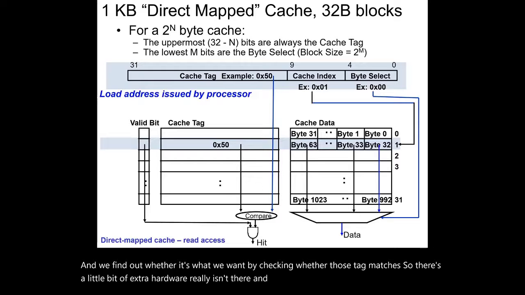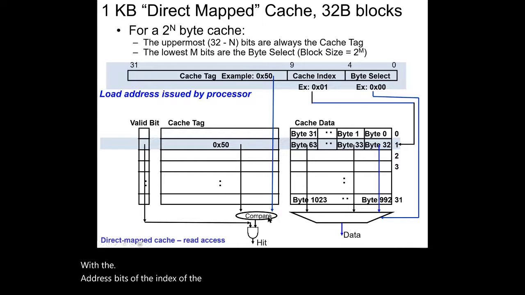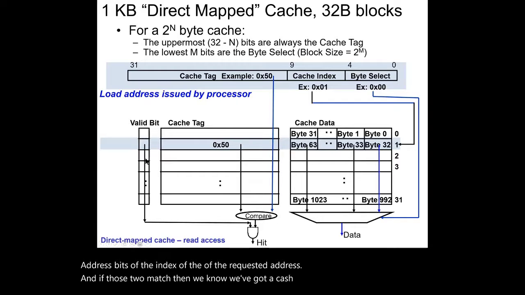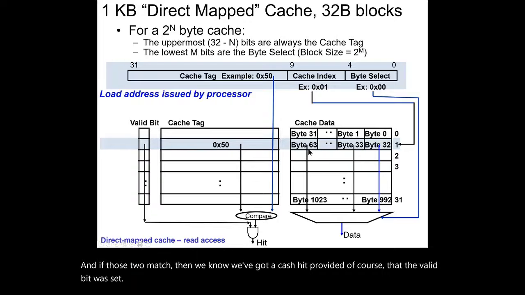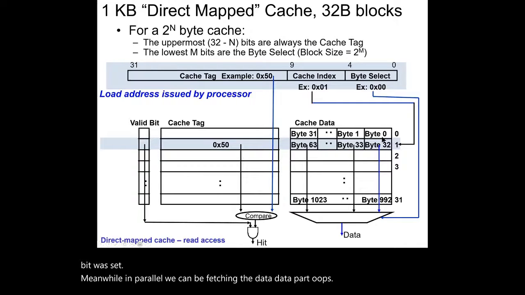And what we're going to do is compare the tag that we get there with the address bits of the requested address. And if those two match, then we know we've got a cache hit, provided of course that the valid bit was set. Meanwhile, in parallel, we can be fetching the data part of the cache line, selecting which of the bytes we actually wanted using these low order bits, and passing those on to the processor.